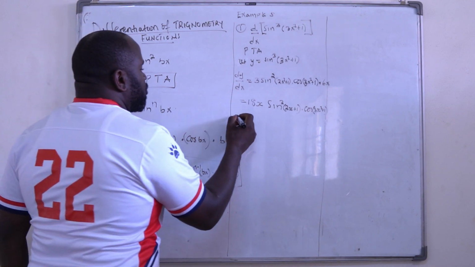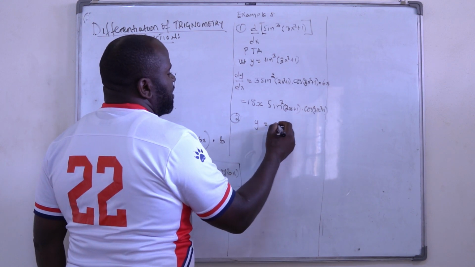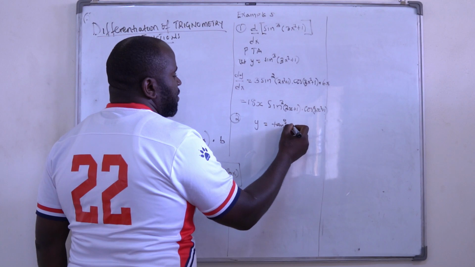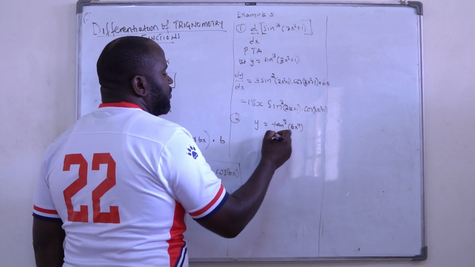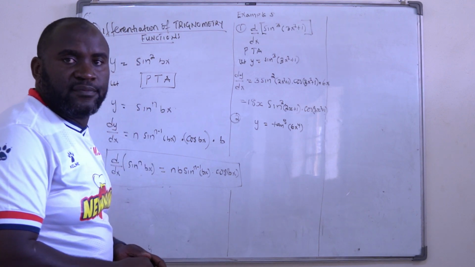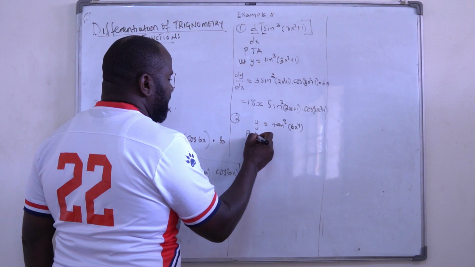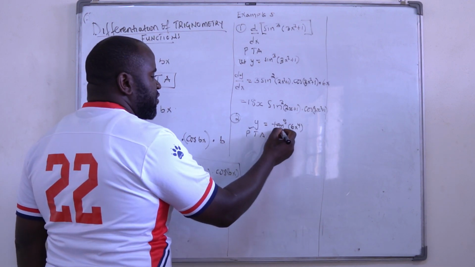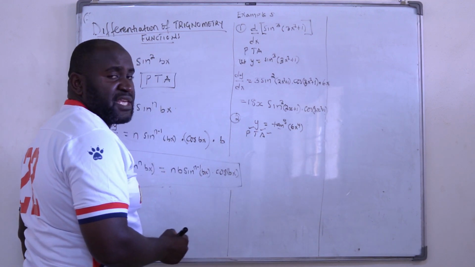Let's look at example 2. Differentiate y is equal to tan to the power 8 of 6x to the power 4. In this case, still using PTA, there is a power, so we shall differentiate the power. There is a trig function, we shall differentiate the trig function. There is an angle, we shall differentiate the angle.